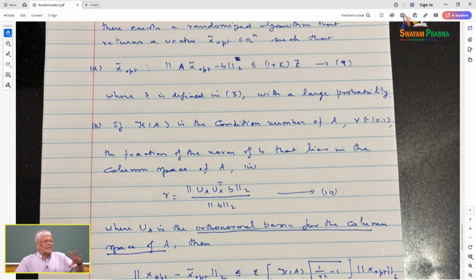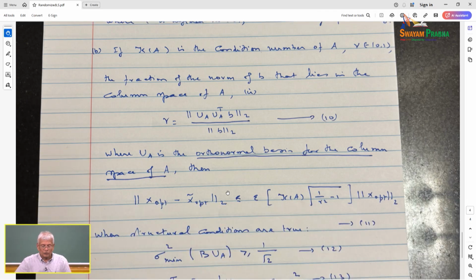The entire B lies in the span of A, in which case the least square solution will be the actual solution that exists in X, for which Ax will be equal to B. But in general, in least square B may not lie there. So, if gamma is the fraction of the energy in B that lies along the span of A, the rest of it is perpendicular to that. So, UA is the orthogonal basis for the column space of A.